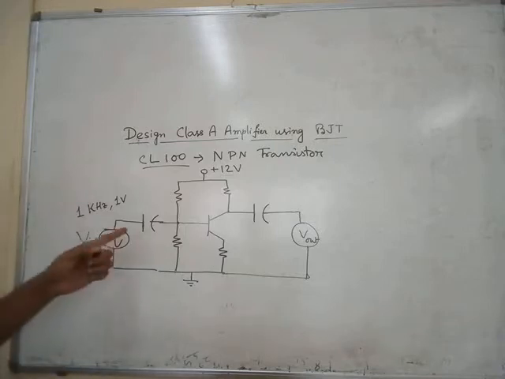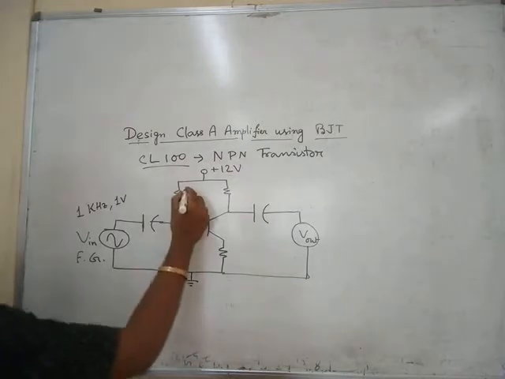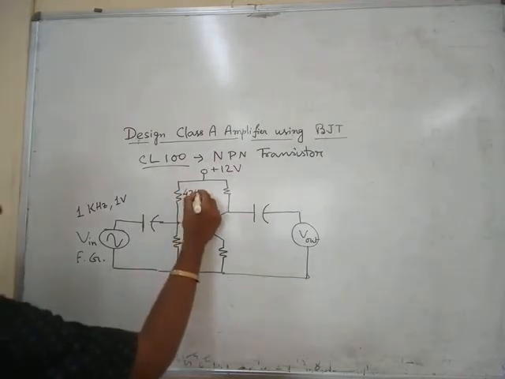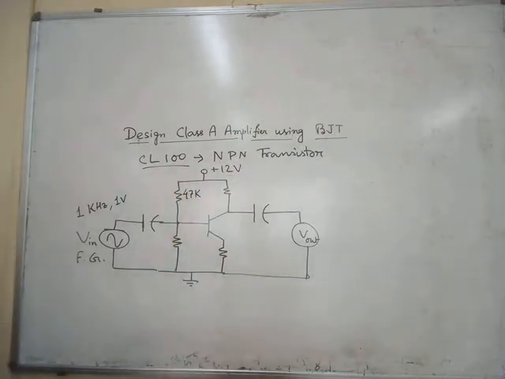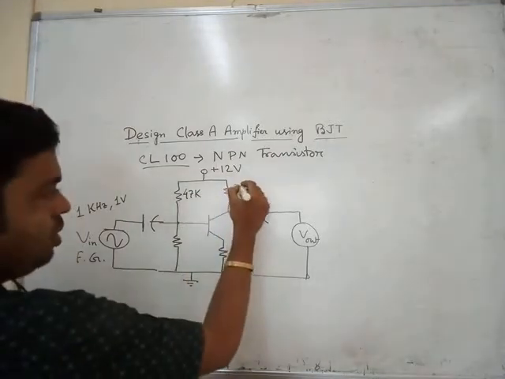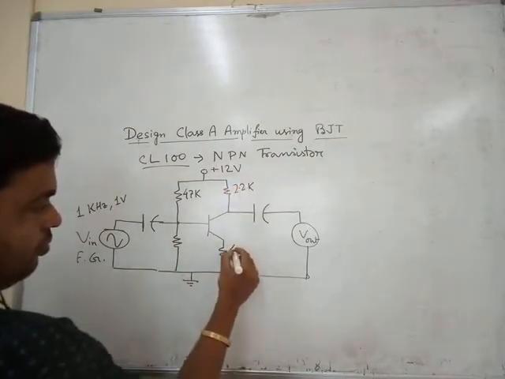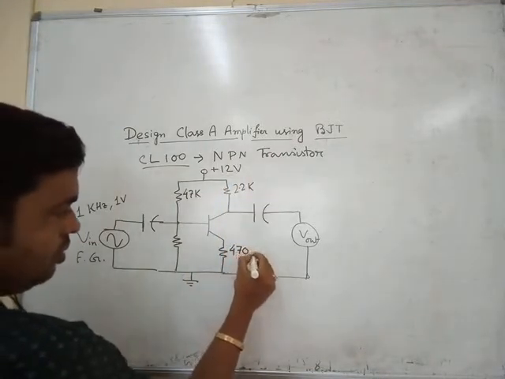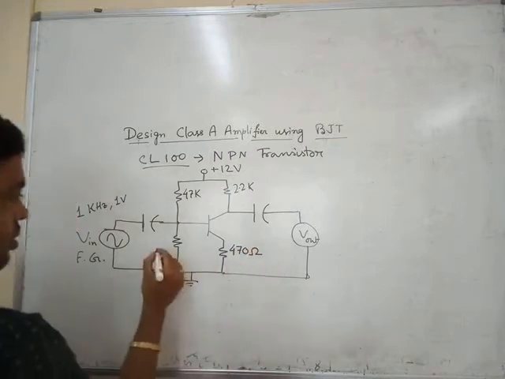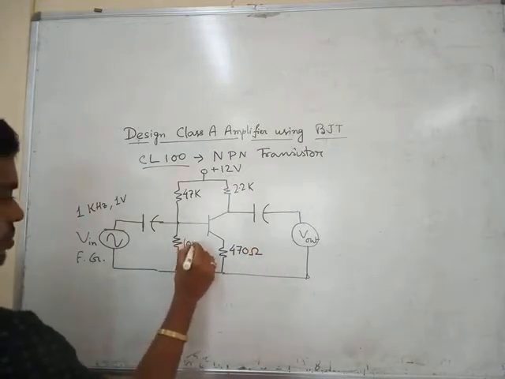First of all, we take the values of the resistors. It is 47K. Then 2.2K, 470 ohm is RE, and this is 10K.